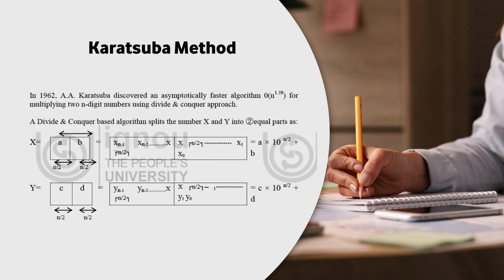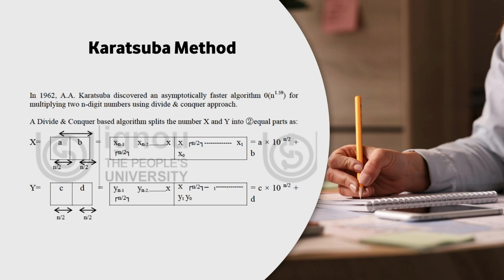If there are 5 digits, then 3 digits will be in the first part and 2 digits in the second part. So a will contain n by 2 digits and b will contain n by 2 digits.